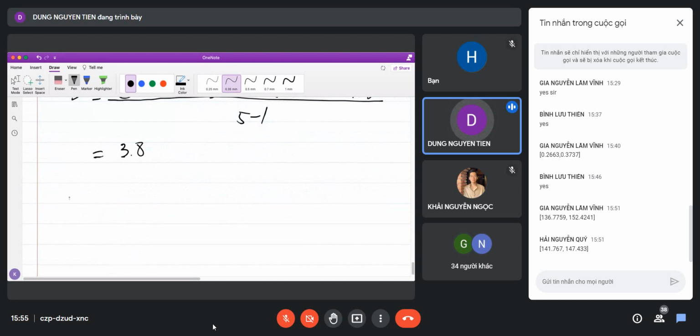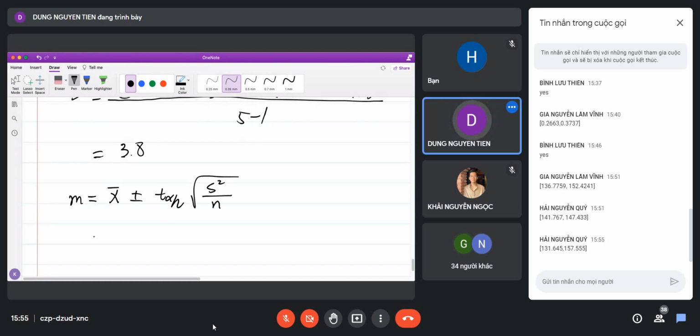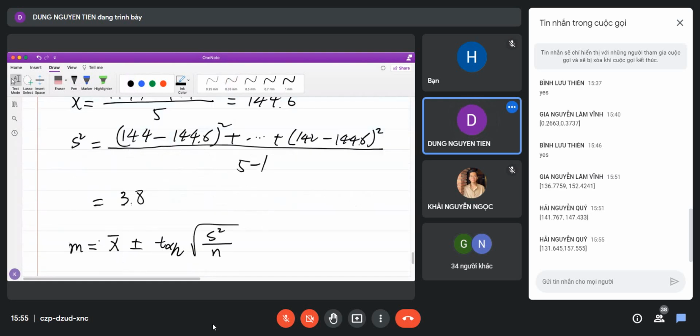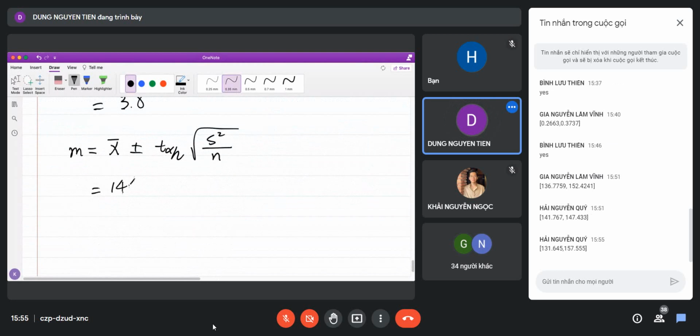So in order to get a confidence interval, it is x bar plus or minus the z value, t value, in fact, times the square root of s squared over n. And x bar is 144.6 plus or minus the t value times the square root of 3.8 divided by n, which is 5.